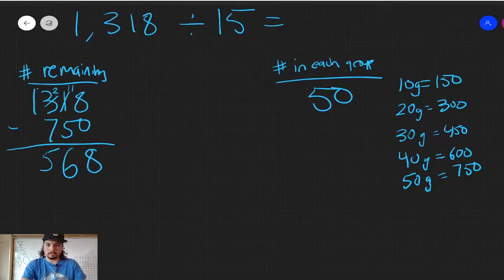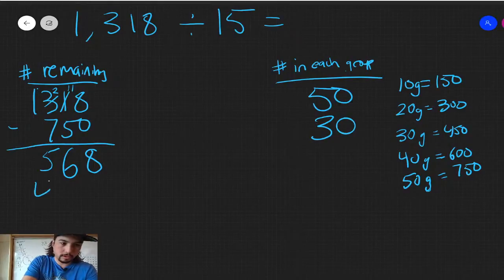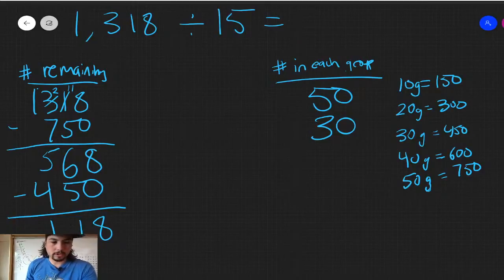Let's look back over here. What's less than 568 I can use? I'll use 30 groups. That's 450. Gives us 118 left.